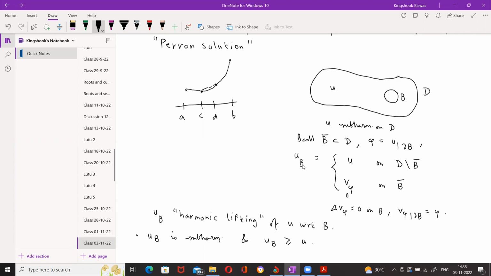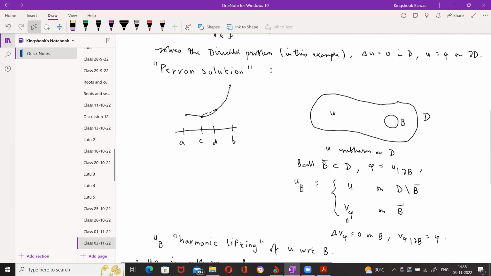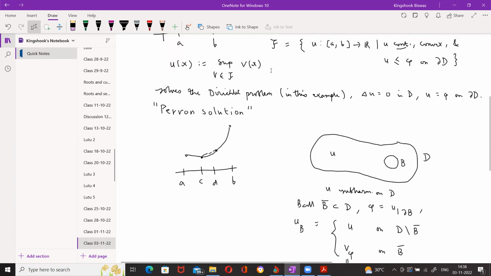Now, what is the idea to show that the Perron solution is harmonic? You take U to be this Perron solution.